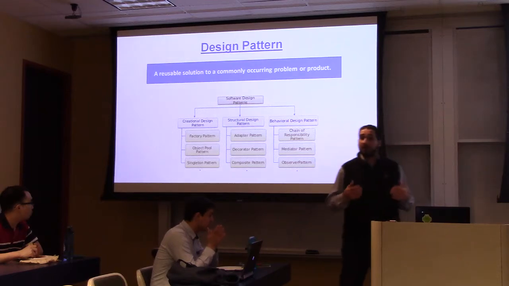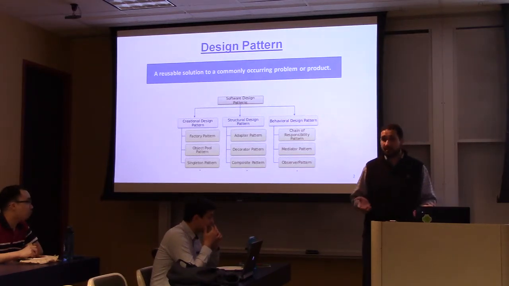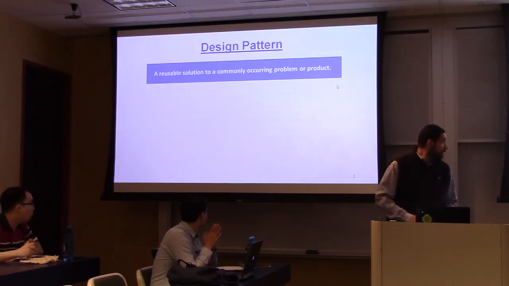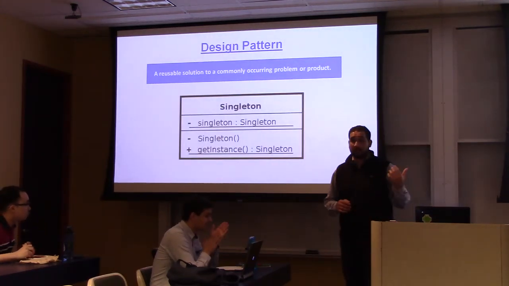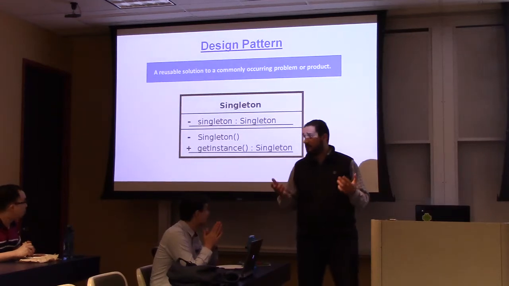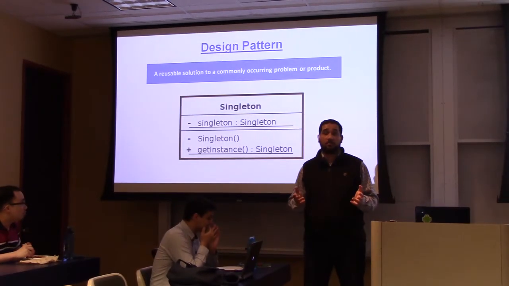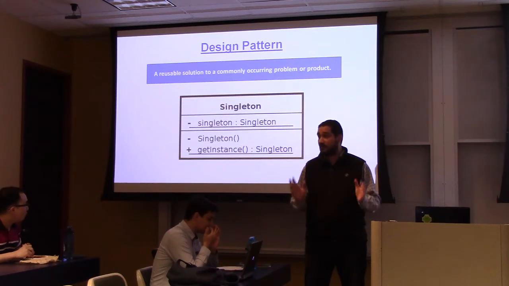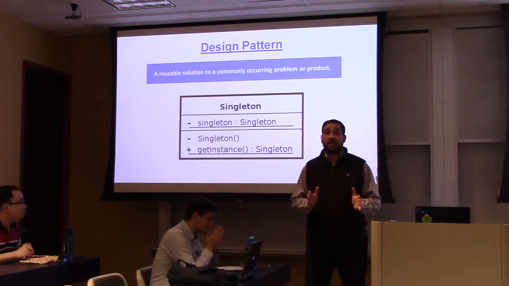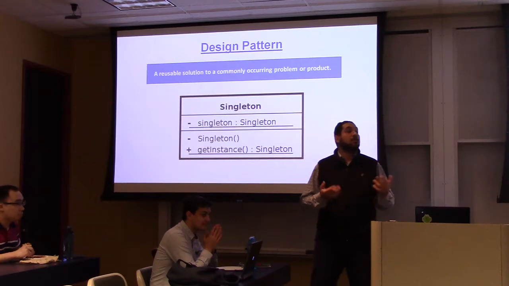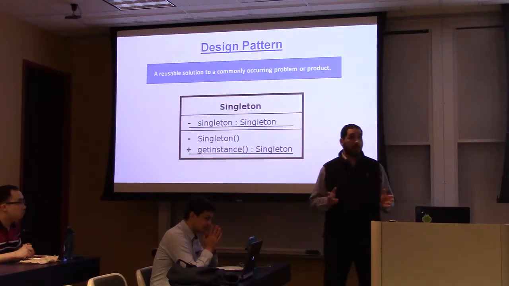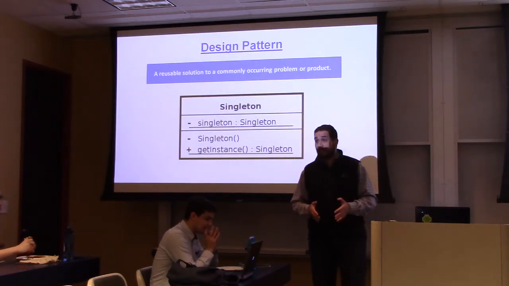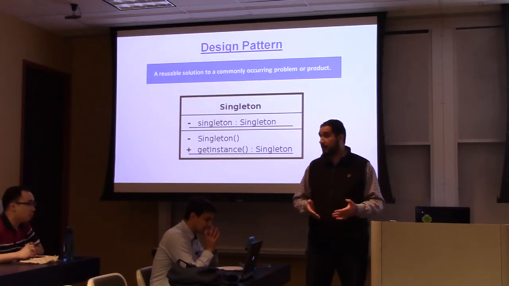I will select one of them just to illustrate the idea of what a design pattern is in computer science, which is a singleton pattern. A singleton pattern looks like that. Basically what it does is prevent the programmer from having multiple instances of the same class within the same runtime session. Think, for example, of a date class if you use Java, trying to get the current time or date while you're programming.